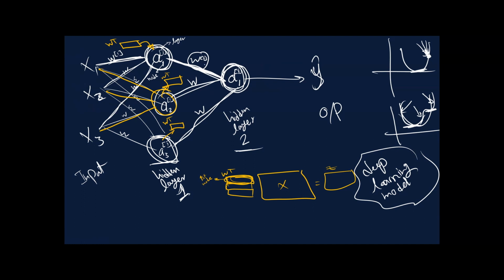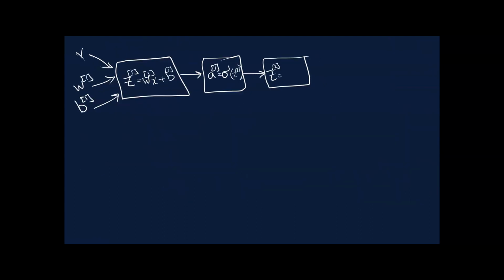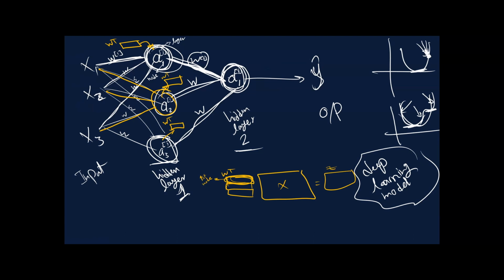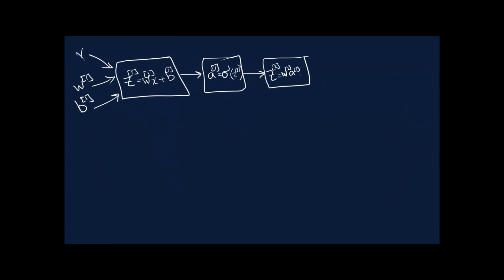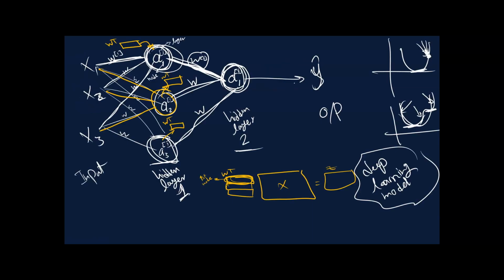So it would be W2 multiplied by the feature of that, so it would be A1. As we said, this node is considering the previous one to be the feature. So that's why we're writing A1, plus B2, the bias of the second layer.